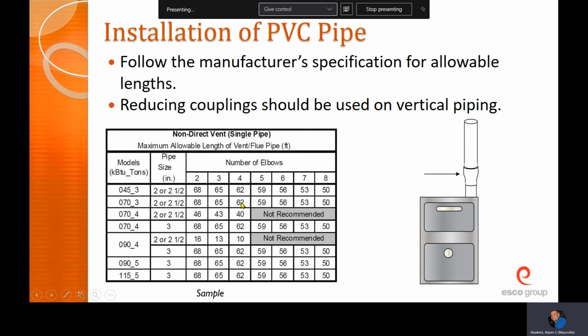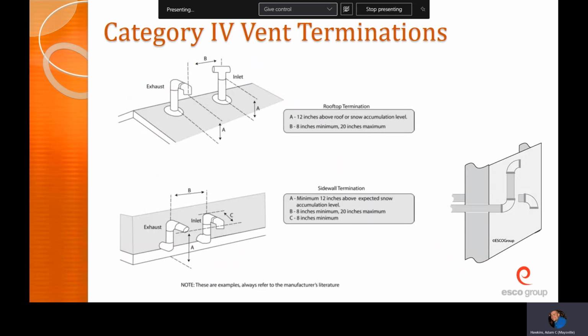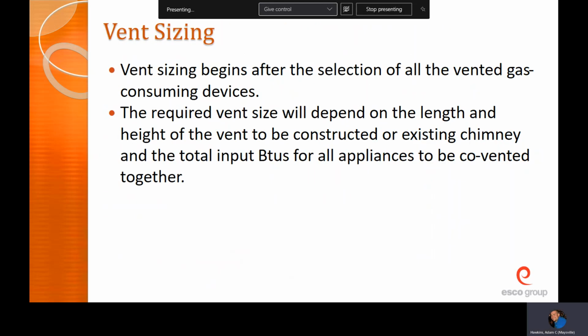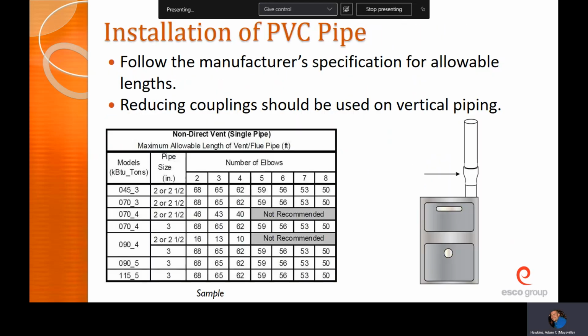Now, this chart's broken down a little bit differently than the ones that I've dealt with. Usually, what it'll say is you have to have what they call a total equivalent length, and each elbow or each fitting counts for a certain amount of feet. So, for example, a 90 may count for 15.